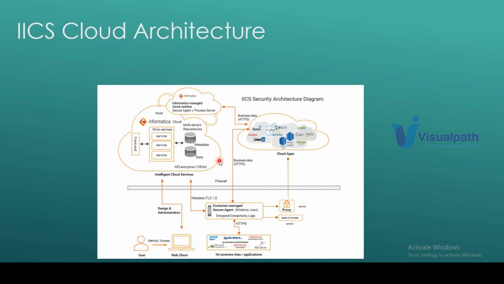What you're saying is now there is no need of installing anything on our local machine. Everything is web-based. That's what I mean here. No. I mean to say we need to do a one-time installation of a customer managed secure agent, which we are supposed to download from the Informatica Cloud instance. There is only one-time effort of having a secure agent, which is called a local secure agent.